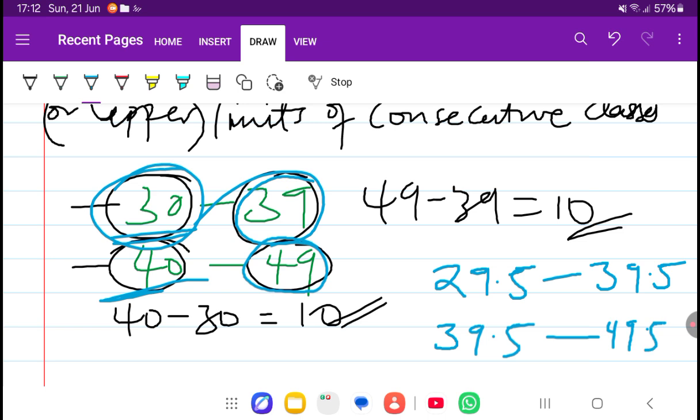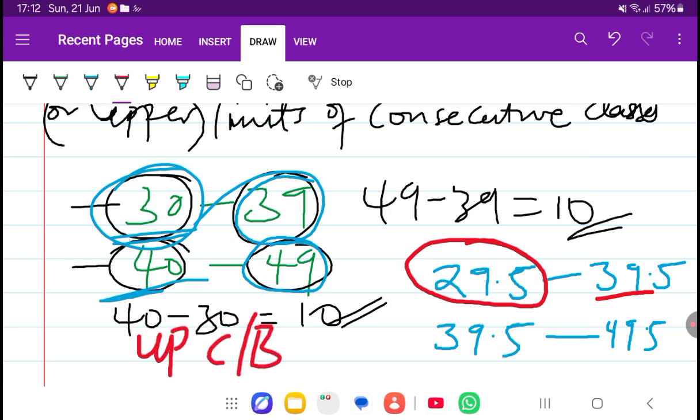And they told us we just get the numerical difference between the lower and the upper class boundary. This is the lower class boundary and this is the upper. So we take the upper class boundary minus the lower class boundary.